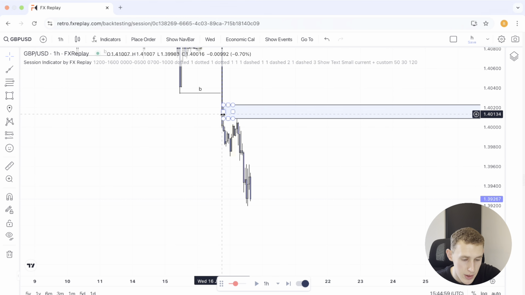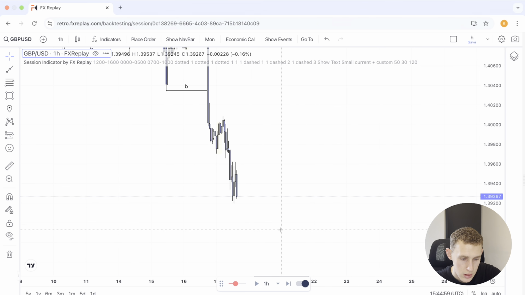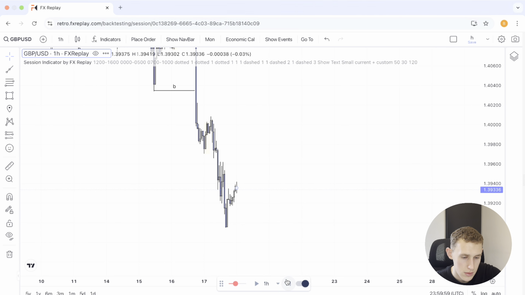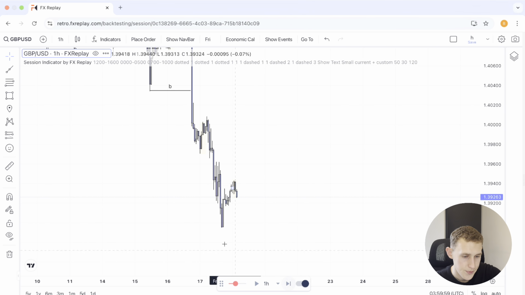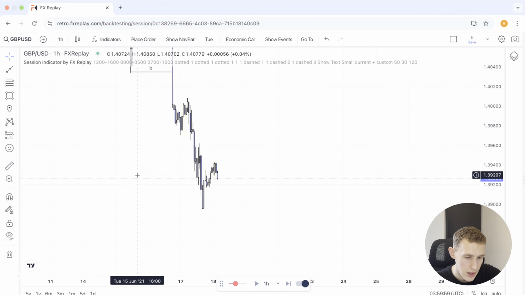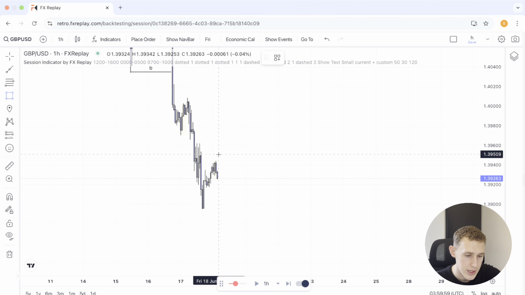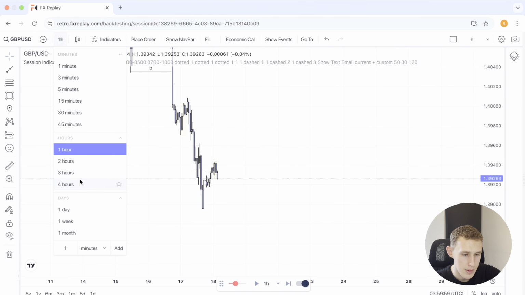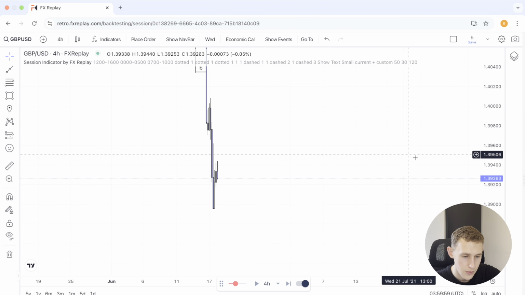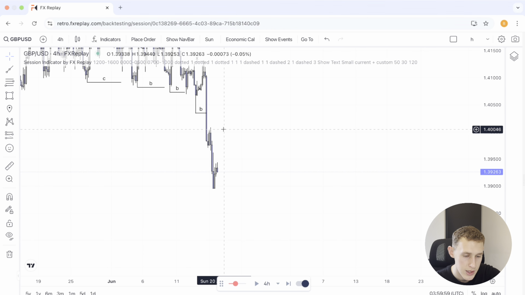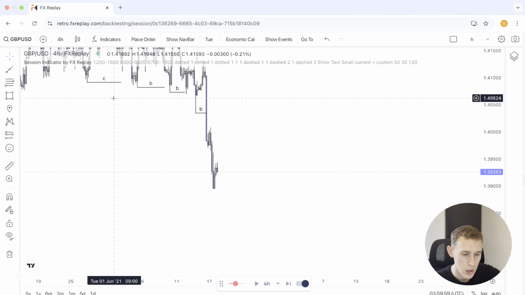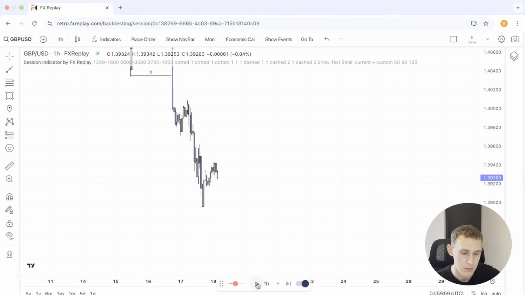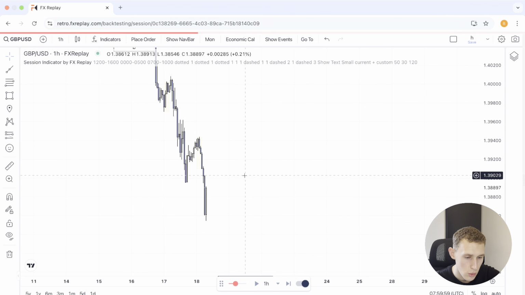As you can see, we just kind of continued down from there. So next sort of level, I wouldn't want to sell from this supply because there's no liquidity below it. What I would maybe look for here is if we can see price come up into this sort of supply zone instead, or maybe a sweep of the top of it. That would also be quite nice. But let's see how it plays out. Yeah, so looks like it probably isn't going to pull all the way back there.